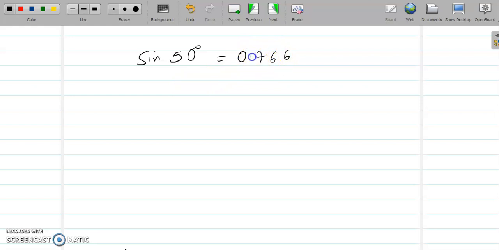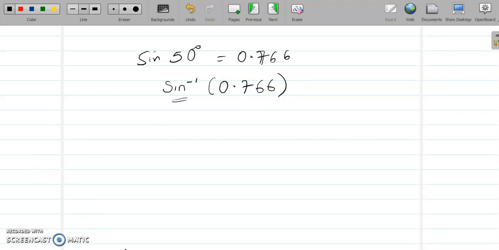So if you're asked to find the angle that has this sine 0.766, what we have to do is to find the inverse of this. The inverse is written as this, raised to the power minus 1. We call this the inverse. We find the inverse of this.